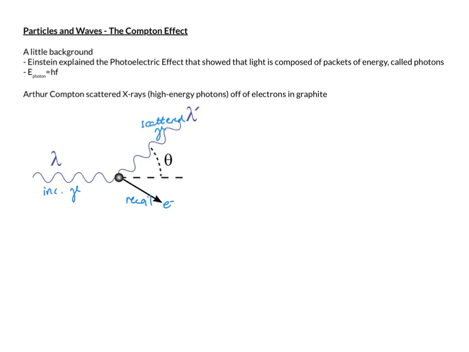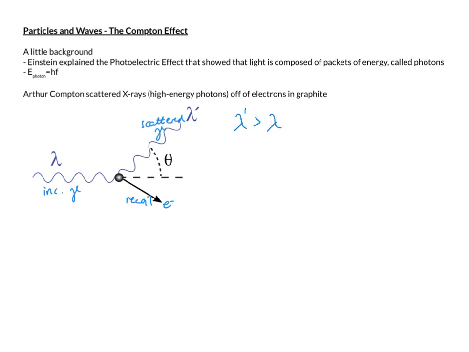So the remarkable thing about this is that Compton measured the wavelength of the scattered photon and noticed that it is longer than the wavelength of the incident photon. So lambda prime was larger than lambda.